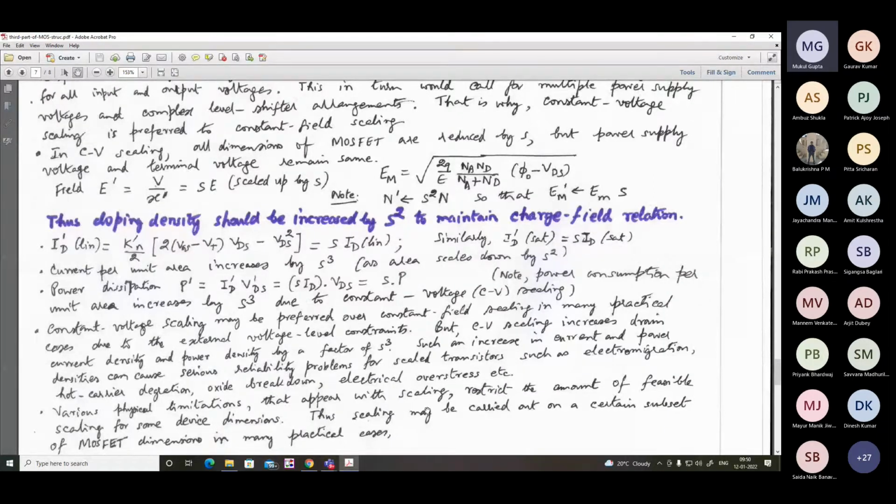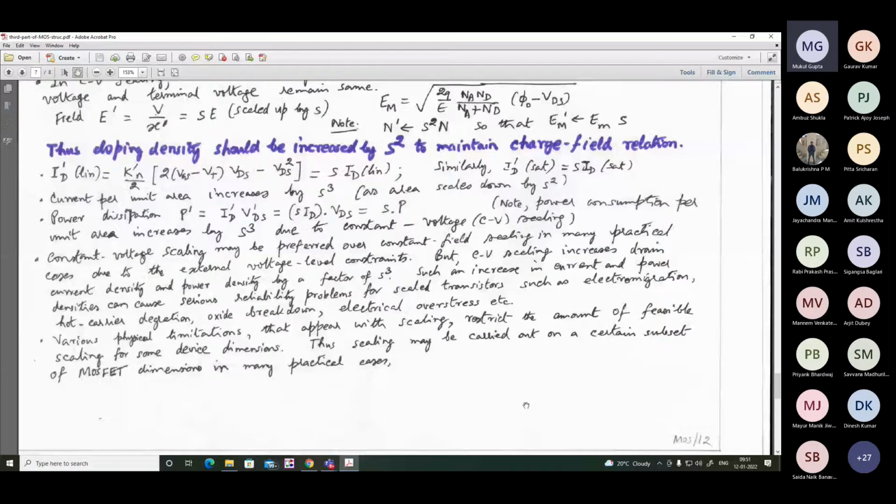That means sometimes we look for an effective combination of constant voltage scaling and constant field scaling. We do not carry out constant field scaling always, or constant voltage scaling always, because for practical purposes we need to adopt constant voltage scaling in some cases.